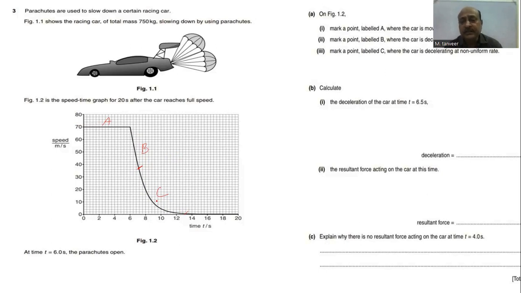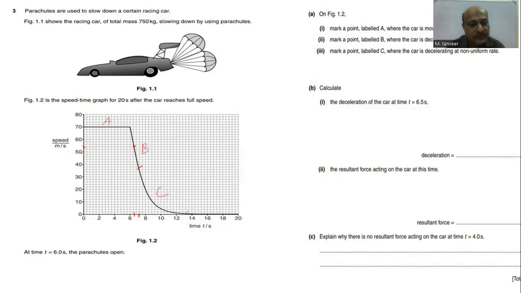Calculate the deceleration of the car at 6.5 seconds. This one is 6.5 seconds. This is 7, and this is 6.5 seconds. You have to find the deceleration of the car at this point. Initial speed is 70, and this point is 6.5. Here, speed is at this point.